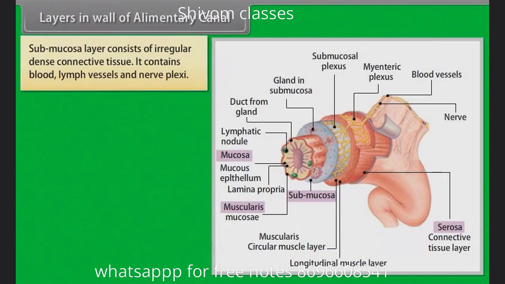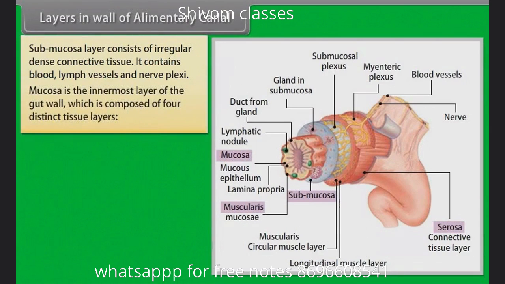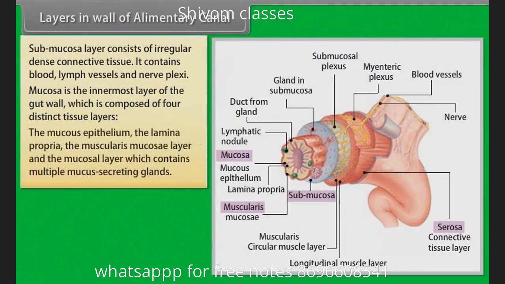Submucosa layer consists of irregular dense connective tissue. It contains blood, lymph vessels and nerve plexi. Mucosa is the innermost layer of the gut wall, which is composed of 4 distinct tissue layers: the mucous epithelium, the lamina propria, the muscularis mucosae layer, and the mucosal layer, which contains multiple mucus-secreting glands.